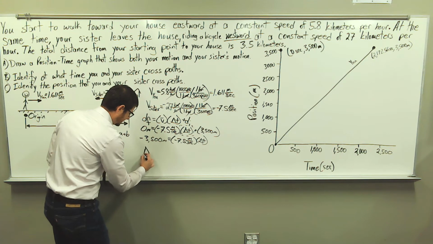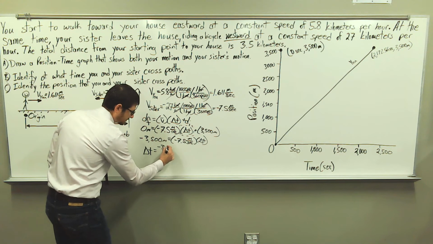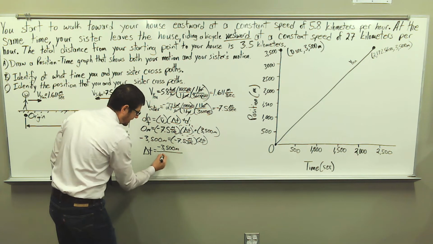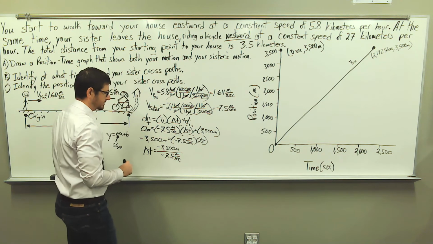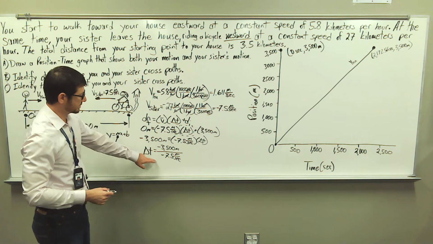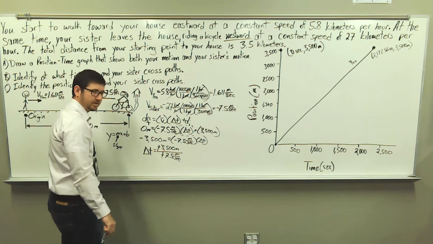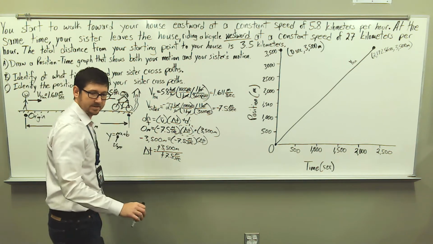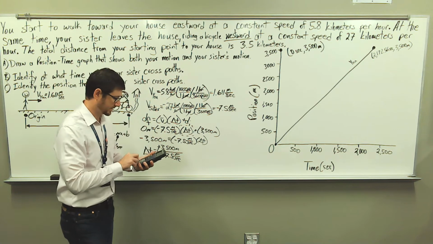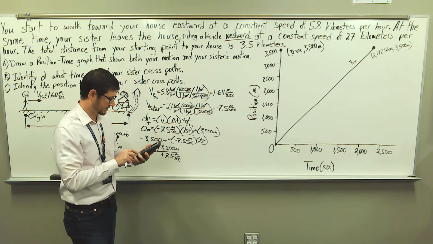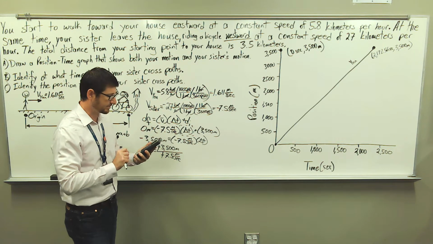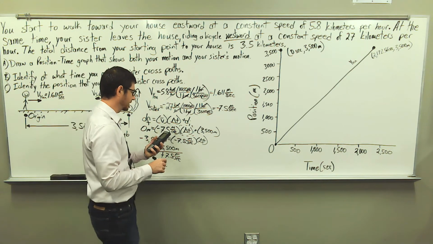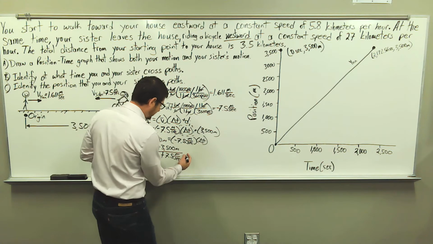So delta t is equal to negative 3,500 meters divided by negative 7.5 meters per second. So I have a negative in the numerator and the denominator. Those negatives will cancel out. So let's grab our calculator. I have 3,500 divided by 7.5. This is going to give me 467.